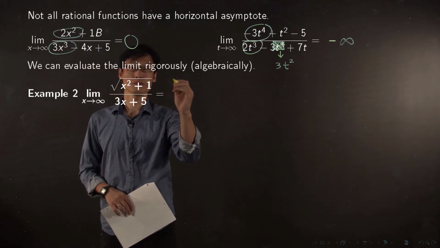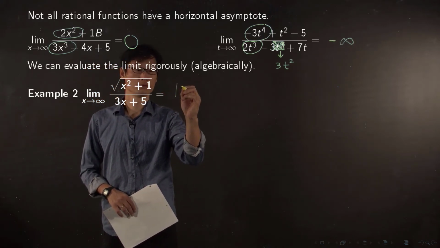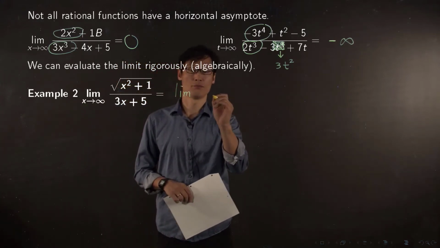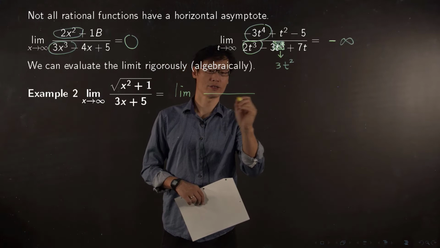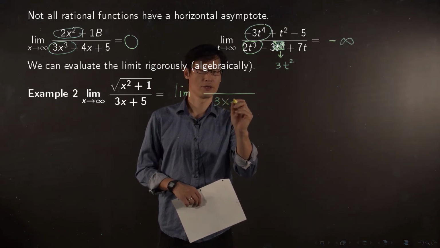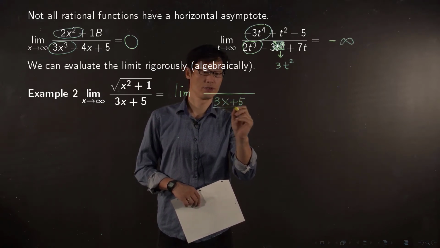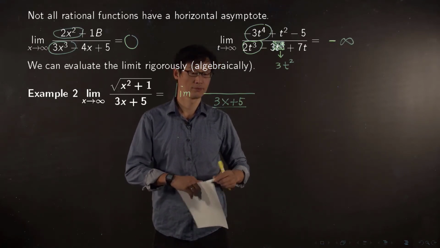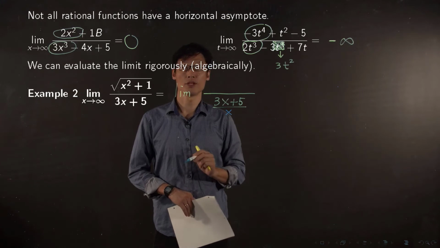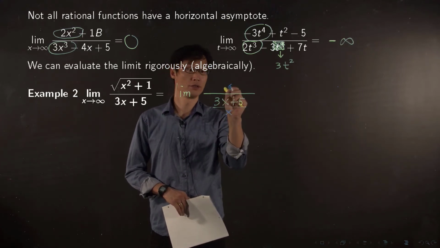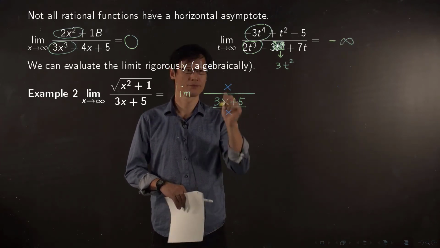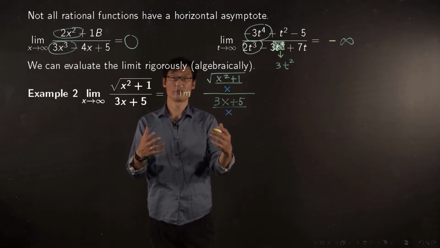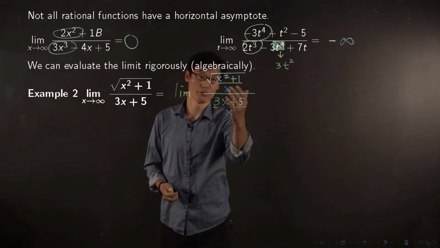So you divide the denominator by a copy of x, and you also divide the numerator by a copy of x. So we divide numerator and denominator by a copy of x like this.